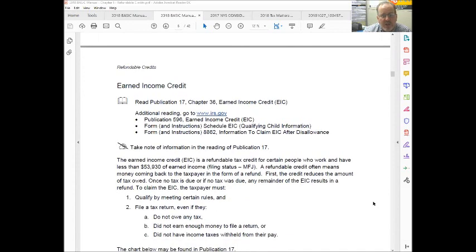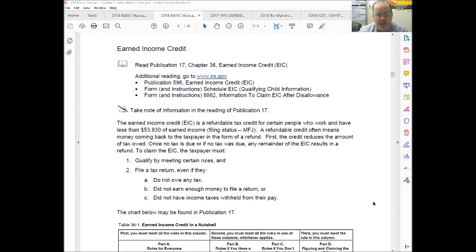Now, earned income credit. I can't stress enough that it is an earned income credit. Only a credit for earned income, and it is a refundable credit. This credit, and I'm going to emphasize this a lot as we go through it, is one of the biggest areas of fraud in tax returns.